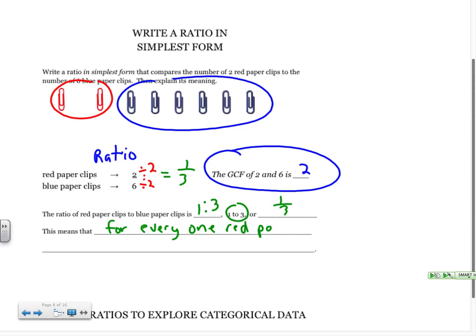There are 3 blue paper clips. And that would be our explanation. For every one red paper clip, there are 3 blue paper clips.